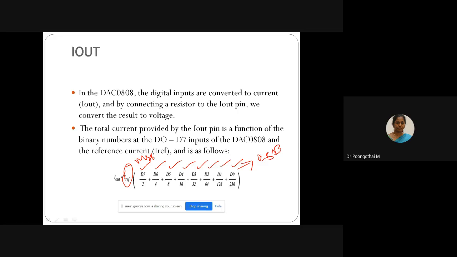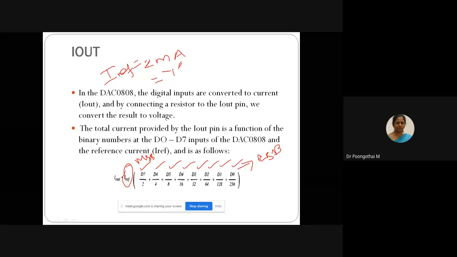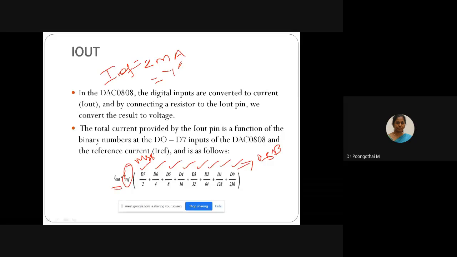I reference current is generally set to 2 milliamps. Now assuming that I reference is 2 milliamps, and all the inputs to the DAC are high, find out the value. Just apply the values and find out the I out.